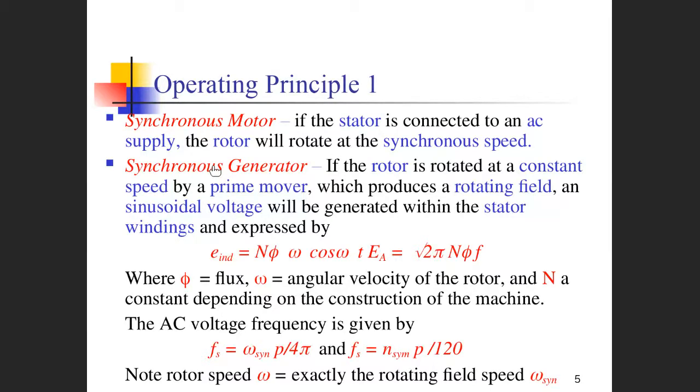One is the induction motor. The other one is the synchronous motor.